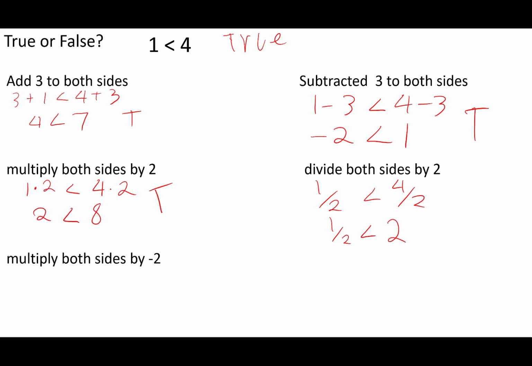Okay, this time I'm going to multiply by a negative. So if I take 1 times a negative 2, is that going to be less than 4 times a negative 2? 1 times negative 2 is negative 2, less than 4 times negative 2, which is negative 8.